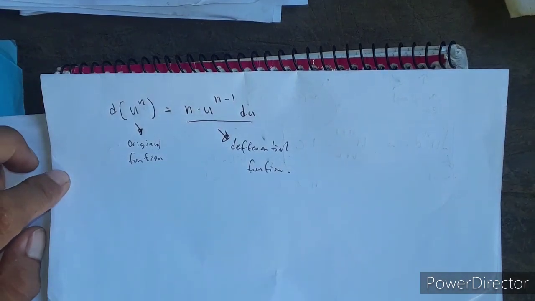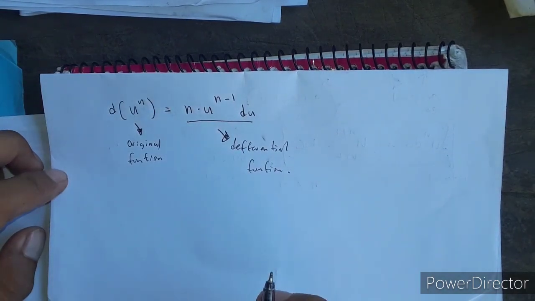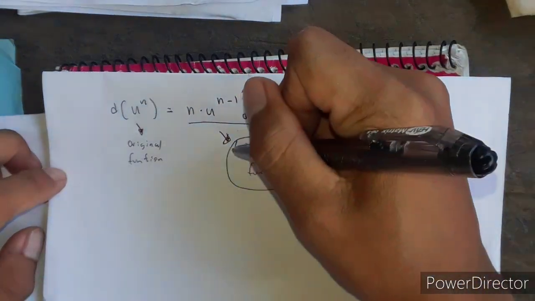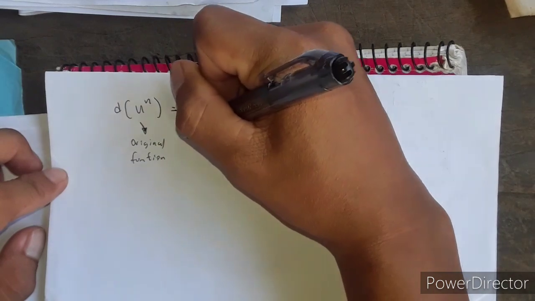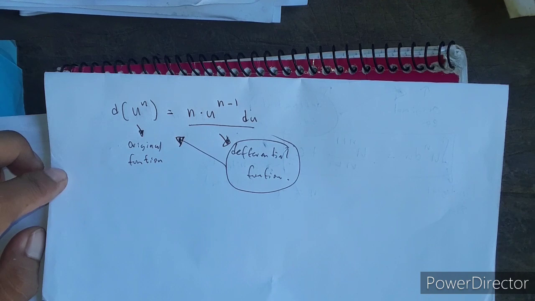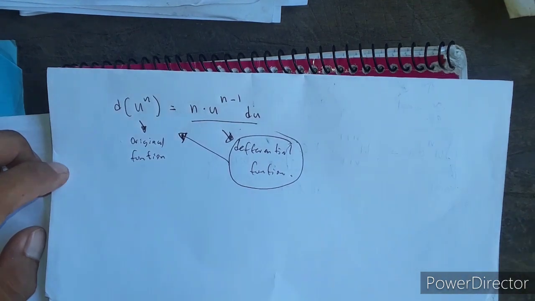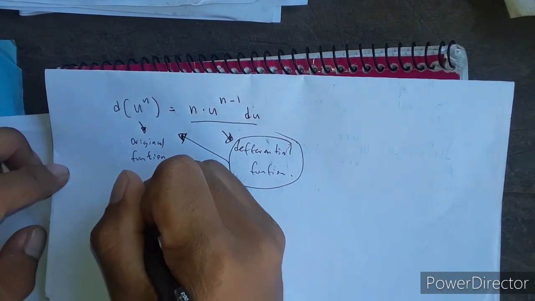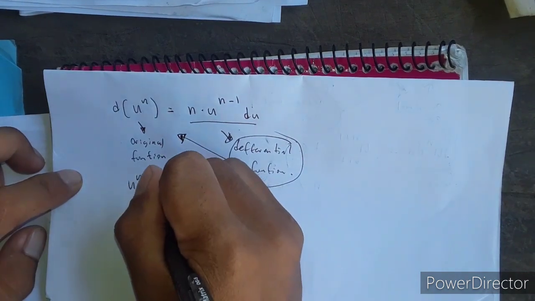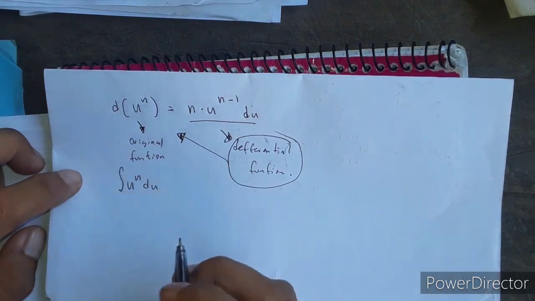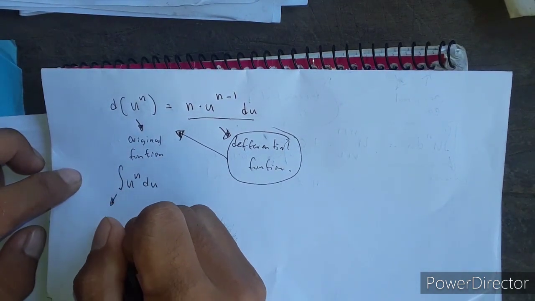So the integration takes place if the given function is the differential function, and what we're going to find is the original function. As a reverse process, when we integrate a function, for example, the differential function u raised to n du, this is the integral sign.